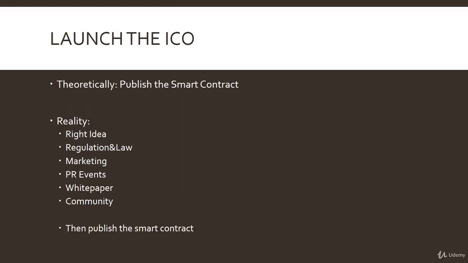What is important when you launch your initial coin offering? Well, theoretically, you can just publish the smart contract for a fixed supply token and give it a name and you have basically launched your coin. But in reality, you have to have the right idea. Maybe you have to obey some regulation and some laws. You have to do a lot of marketing, probably a lot of PR events.